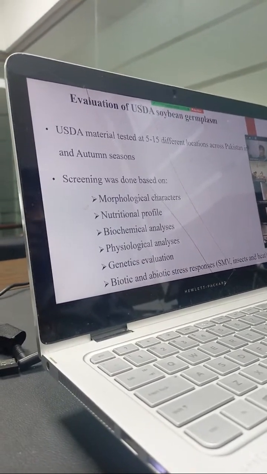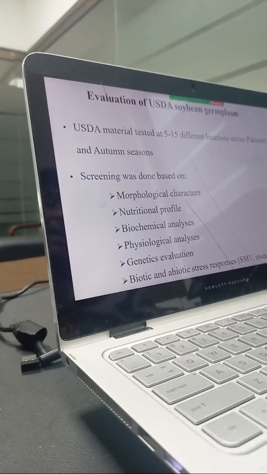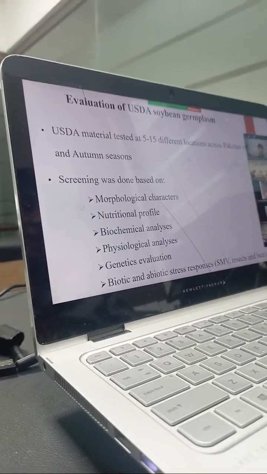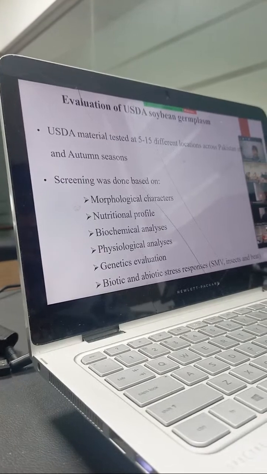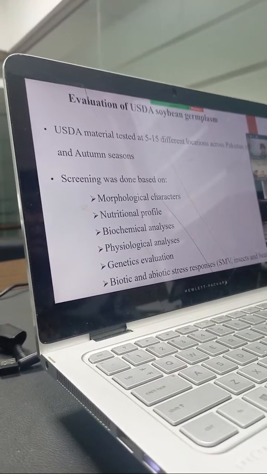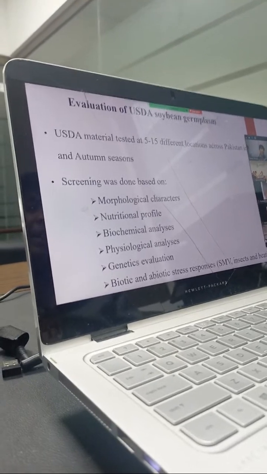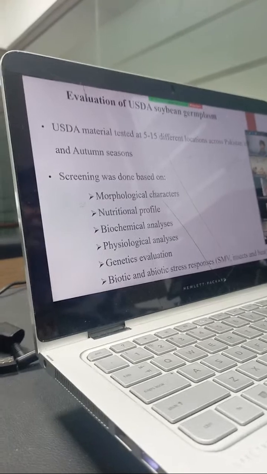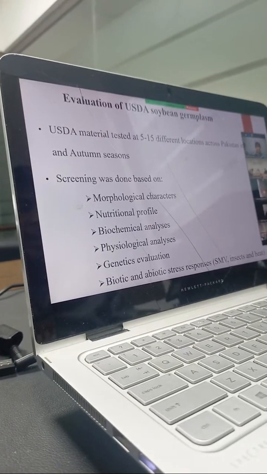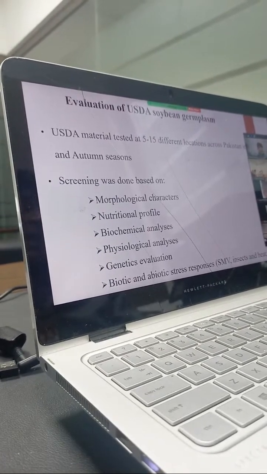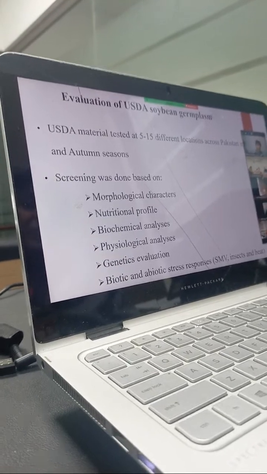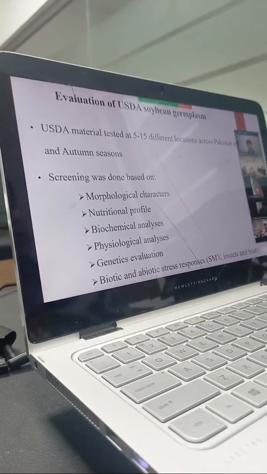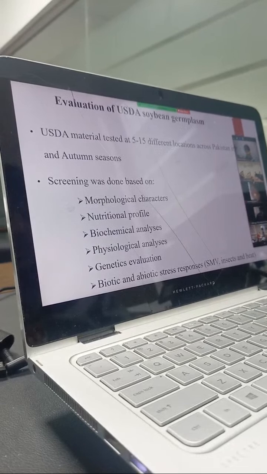This material was tested at 5 to 15 different locations across Pakistan in spring and autumn season. There are certain locations, for example northern Pakistan, where we can grow soybean only in one season. In central Punjab, we can grow soybean in two seasons. Again, in southern and some further areas, we grow in one season, and that is spring season.